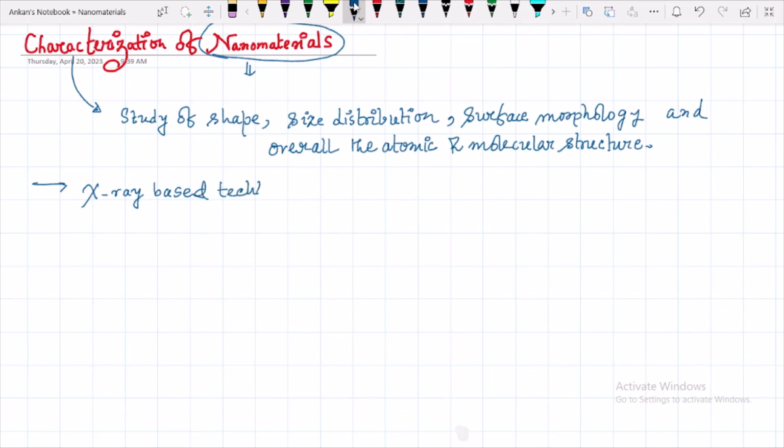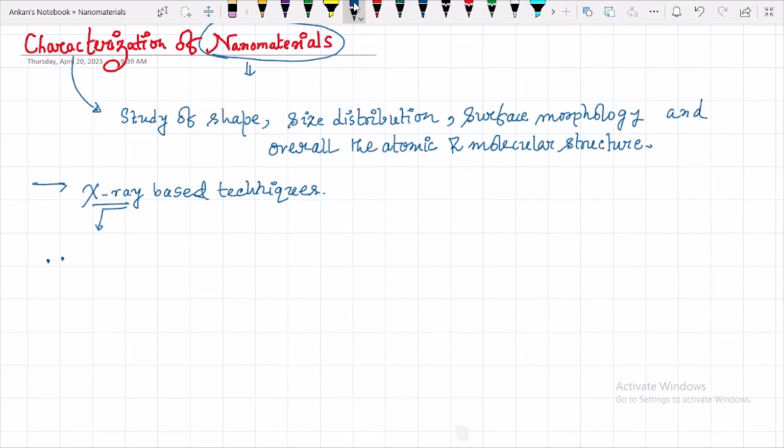Now we have learned from the solid state physics in our fifth semester that X-rays are used to study the different orientation of the planes of the crystal structure. So in the case of nanocrystals, we can also study the different orientation of the planes and the arrangement of the atoms with the help of X-rays. Why? Because X-ray is an electromagnetic wave that has a wavelength of the order of angstrom, which is comparable to the lattice spacing.